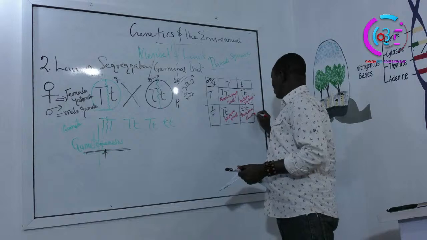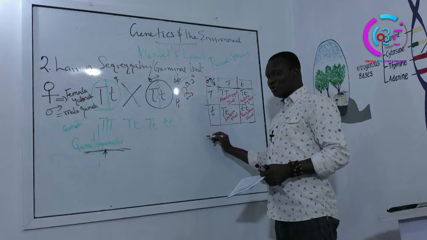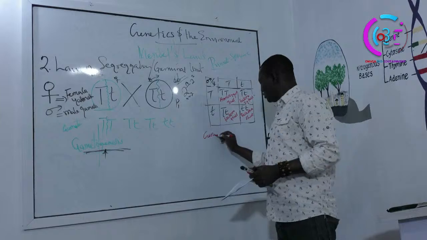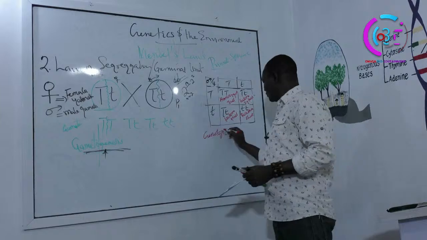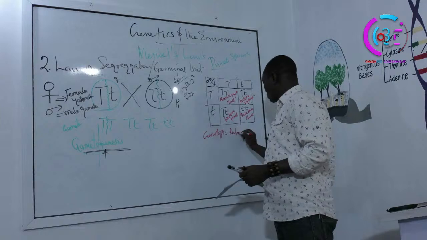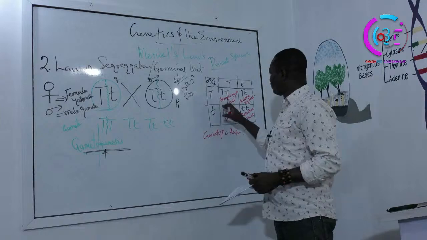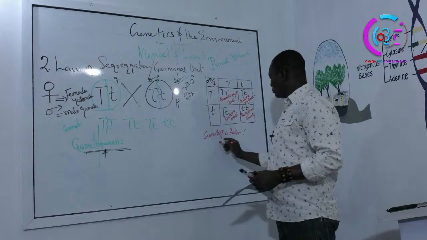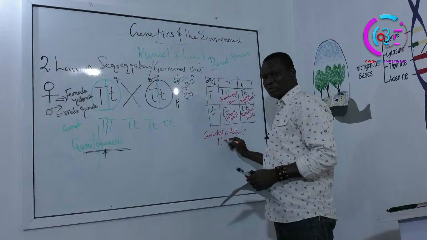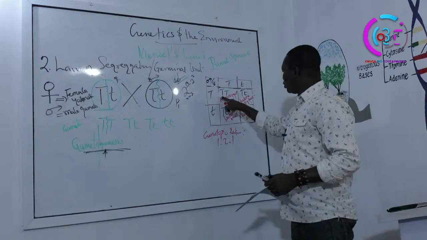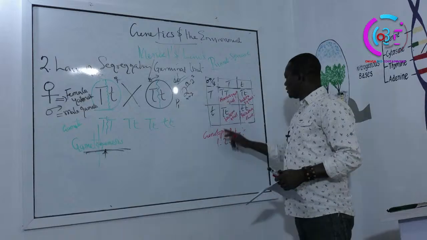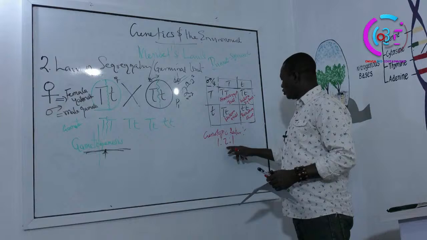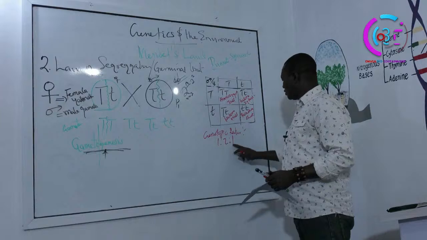So that by the time you now go with the genotypic ratio, if you have to find the genotypic ratio, this is going to be genotype. Only this one will be tall, which is 1. Then this is also tall, which is going to be 2. Then this one is represented by recessive.